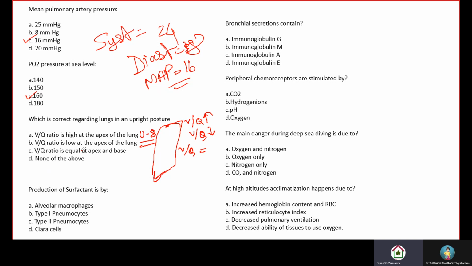So the highest value of this ratio will be at the apex because the numerator is more and the denominator is least. So this is option A.